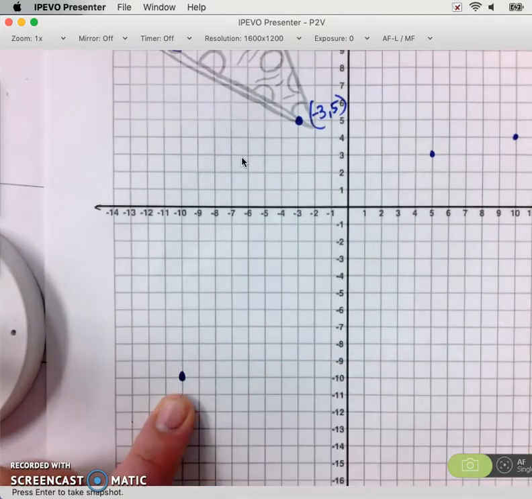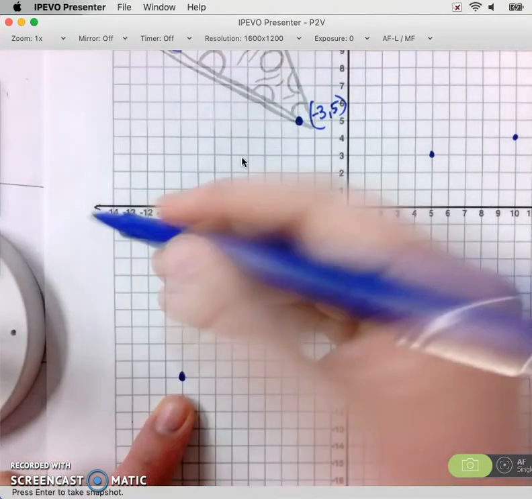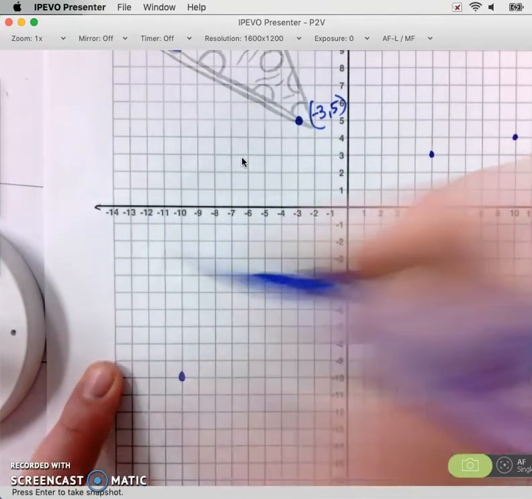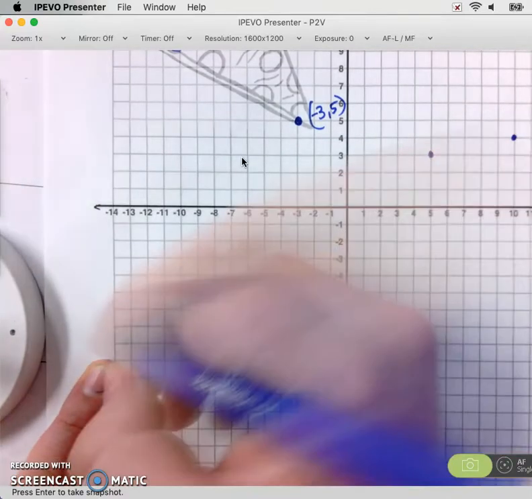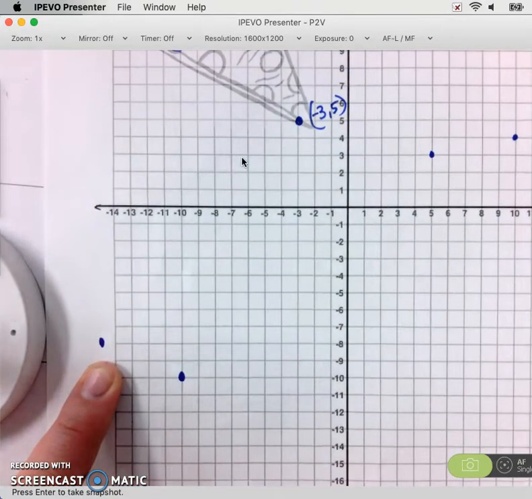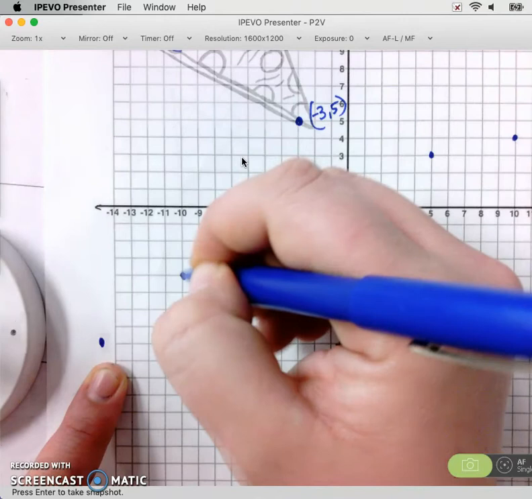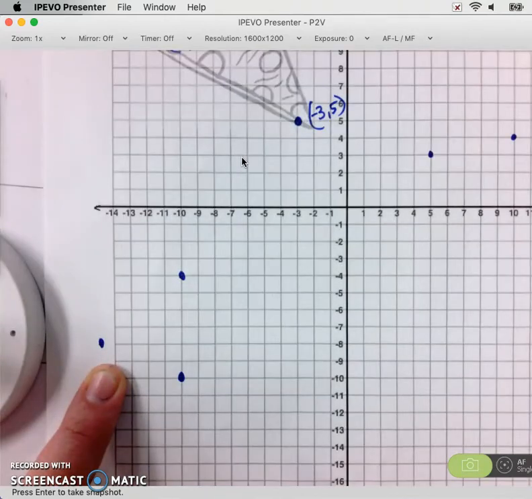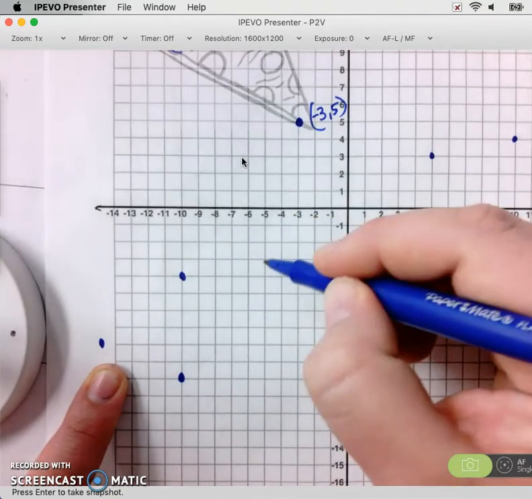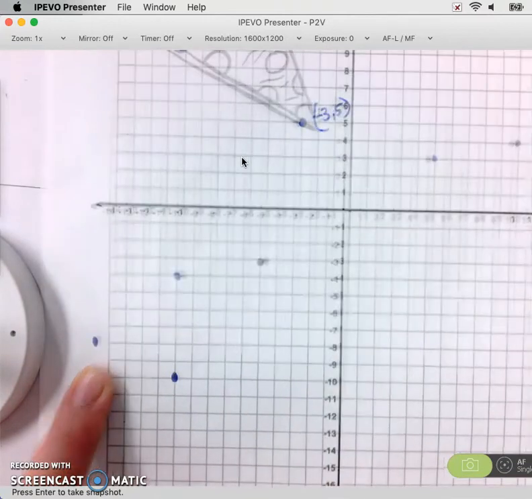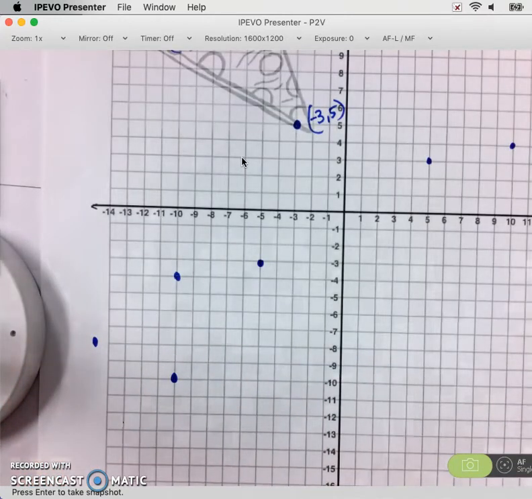Plot this point. That's in there. Negative 15 is again off my graph. Negative 15, 8 is to here. Negative 10, negative 4 to there. Negative 5, negative 3 to here. Those are the only two rotations that we are learning today.